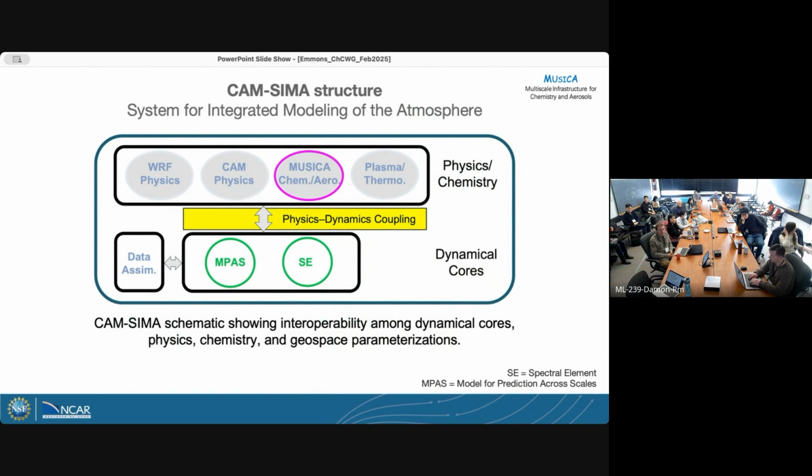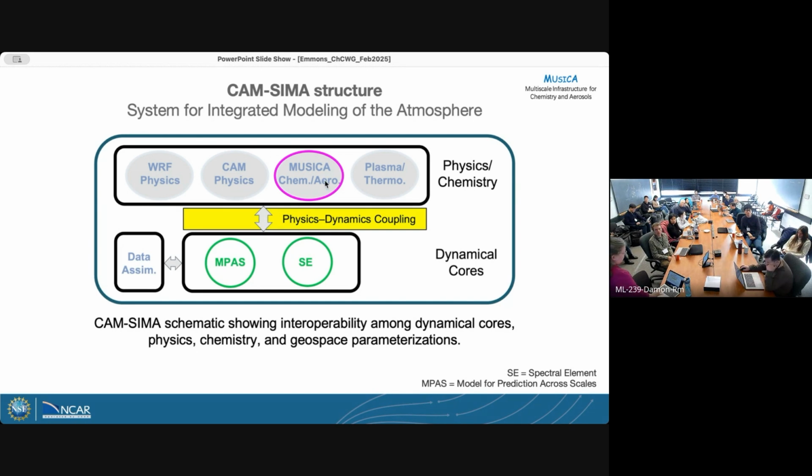So Musica is being connected with SEMA, the System for Integrated Modeling of the Atmosphere, which was maybe mentioned in passing on Monday, which is integrating the atmosphere model across scales. As we learned at lunch, things are progressing very quickly, and there may actually be a SEMA model to run before too long that includes the ability to switch between the MPAS and spectral element dynamical cores and provides the coupling to the modular components of the physics and chemistry.